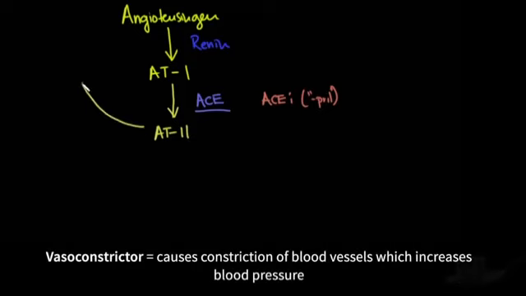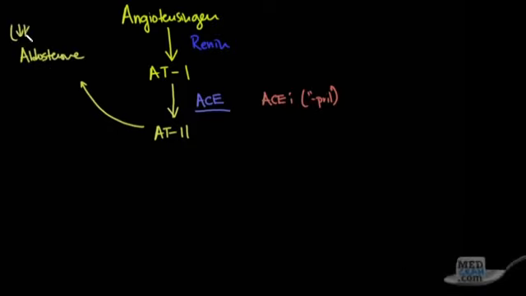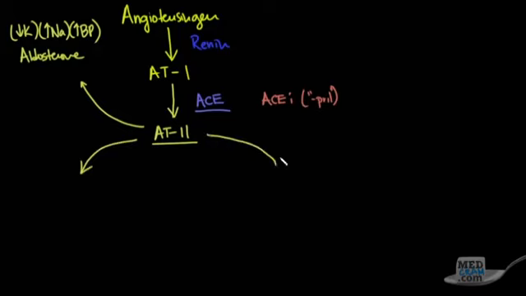It also stimulates the adrenal gland to make aldosterone, which has the action of lowering potassium and increasing sodium concentration, and therefore increasing blood pressure. Angiotensin 2 is a major dividing point because there are two types of states that one can have in the body. So we'll call this the low state, and we'll call this the high state.